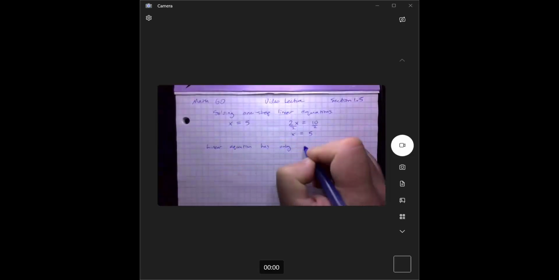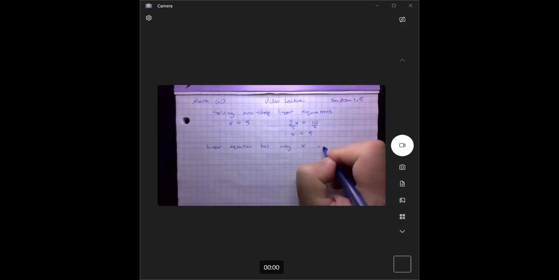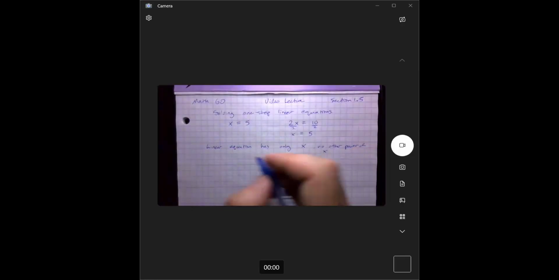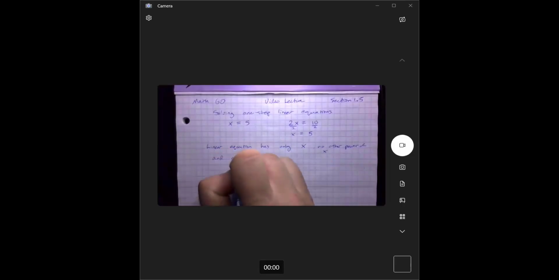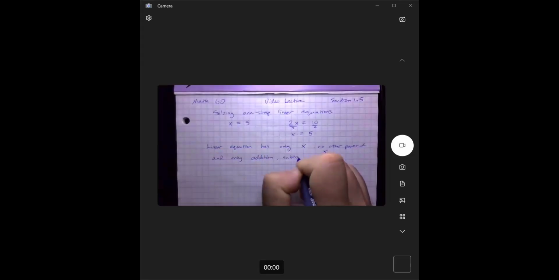So a linear equation is just a special type of equation. A linear equation has only x, no other power of x, and only addition, subtraction, and multiplication, which sometimes looks like division.